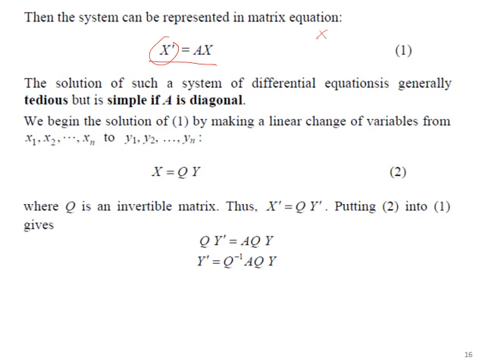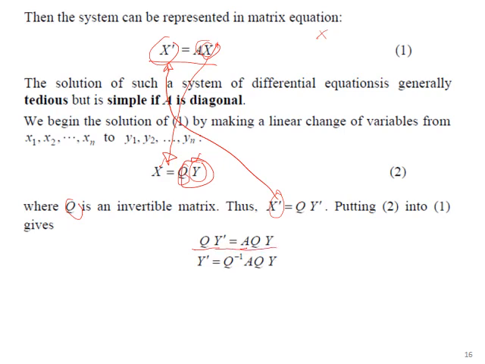How? Have a look. Let's assume X is represented by QY, where Q is the invertible matrix, the diagonalizing one I just mentioned. Then we can say X dash equals QY dash. Now if I put this in, I have QY dash equals AX, where X is QY.